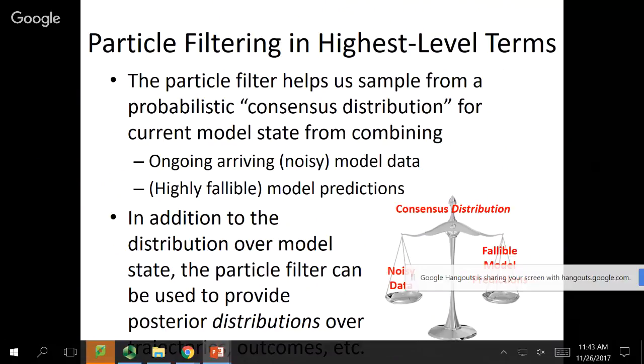It's a posterior distribution that reflects both model estimates that are faulty, that are fallible, model estimates that have some strength, some meaning to them, but are limited in their accuracy, and combining that with data from the world that's noisy, that's uncertain, that also has wide distributions of error associated with it.